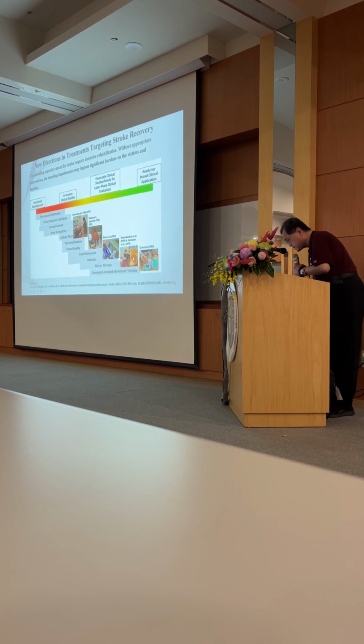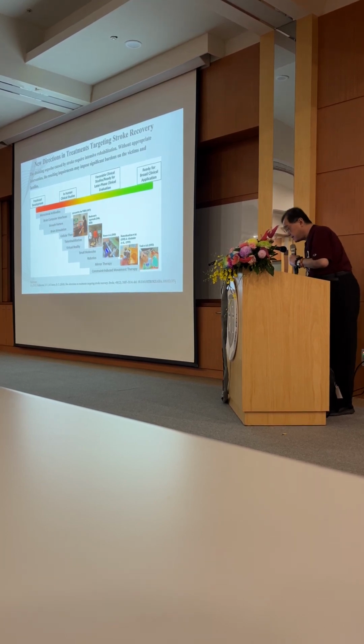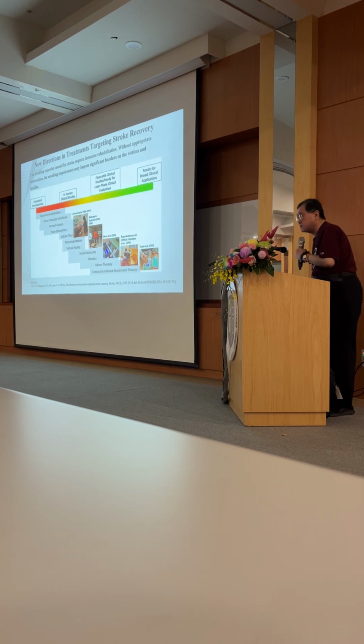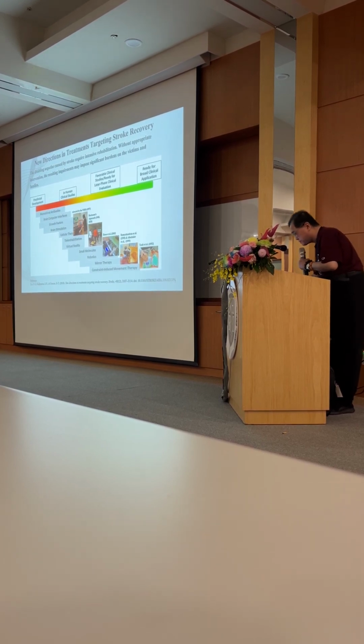Ramachandran and colleagues and Altschuler and others in 1999 proposed the use of mirror therapy for motor rehabilitation and pain relief. Stephen Hesse at the Berlin Clinic proposed mechanical robotic training to facilitate motor recovery after stroke in 2003.